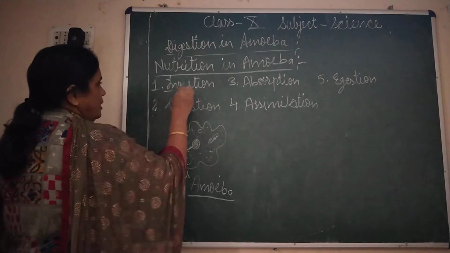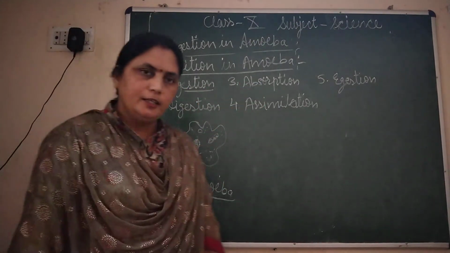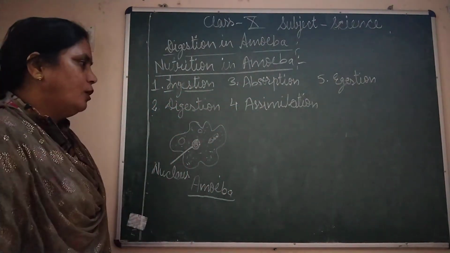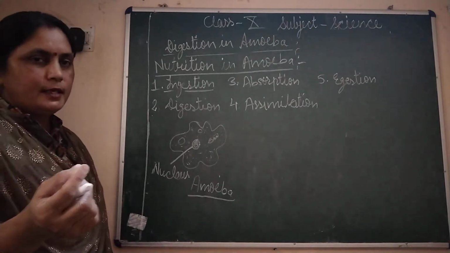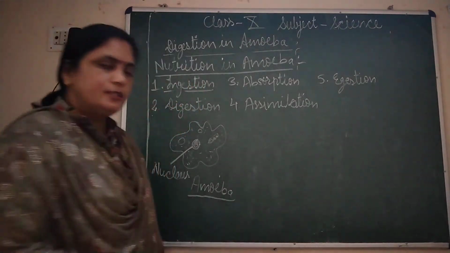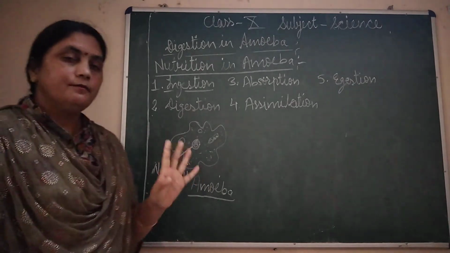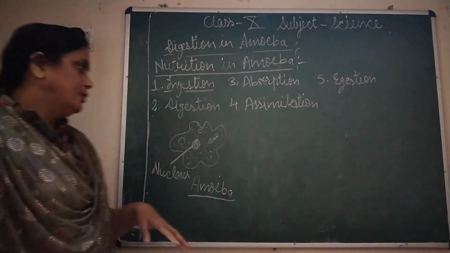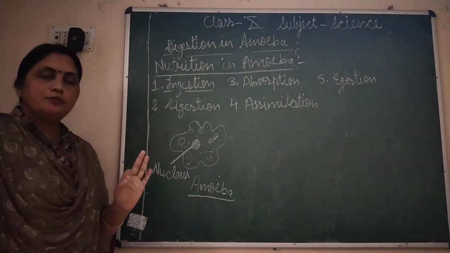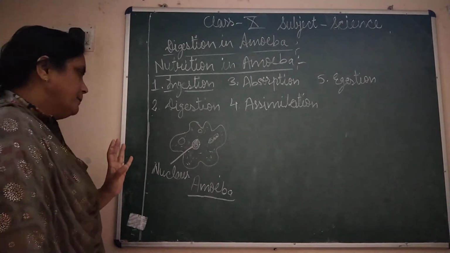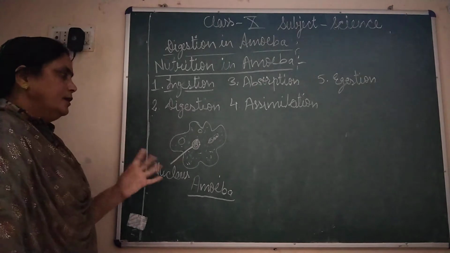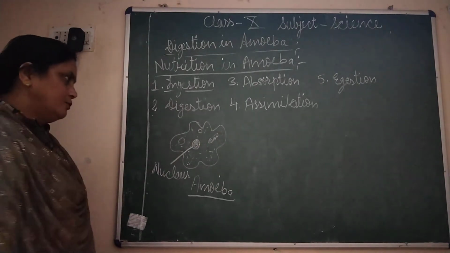Now let us see the process of ingestion in it. Very small organisms like some diatoms, etc., are found in water. It does not live in sea water, it lives in fresh water. So in fresh water, whichever small organisms it sees, it takes them in as its food.